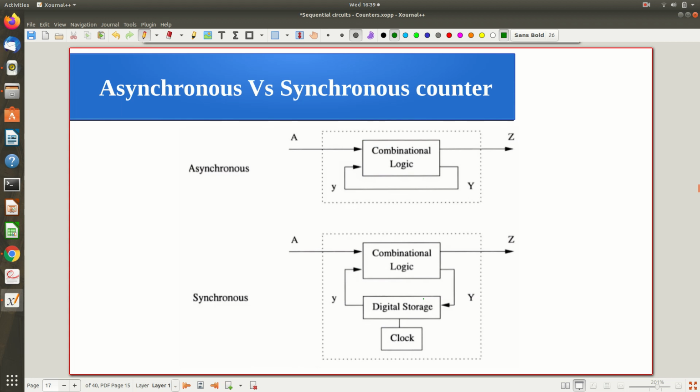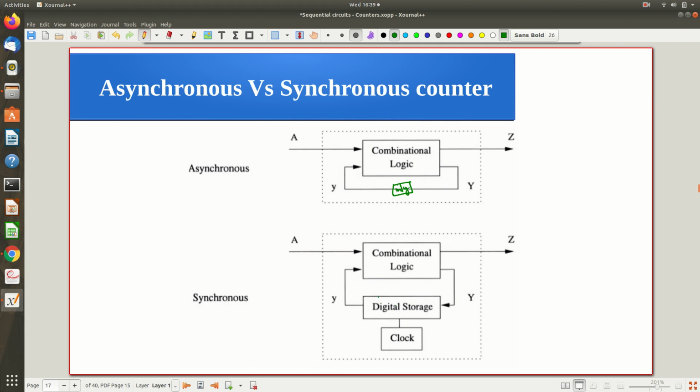This is a diagram I took from some source on the internet. Asynchronous and synchronous counters, you can visualize like that. In both cases, it is basically a sequential circuit, right? Sequential circuit means there will be a combinational circuit and a feedback path, and the feedback path is by means of the memory element or storage. That will come in between anyway.